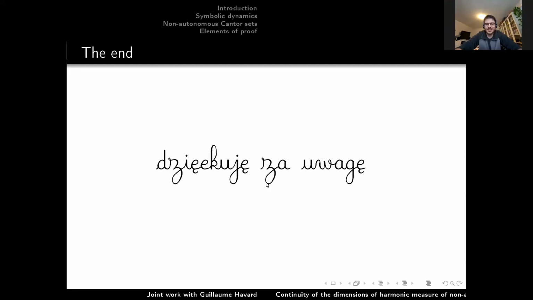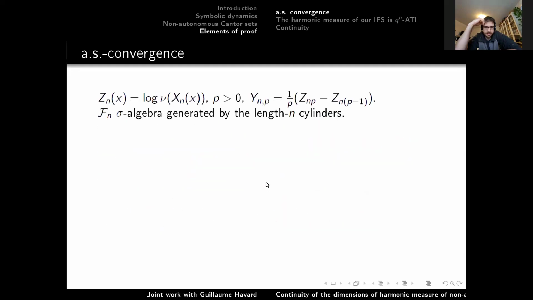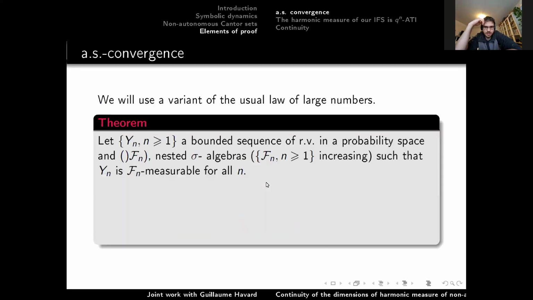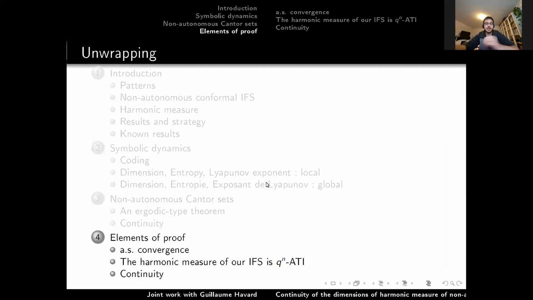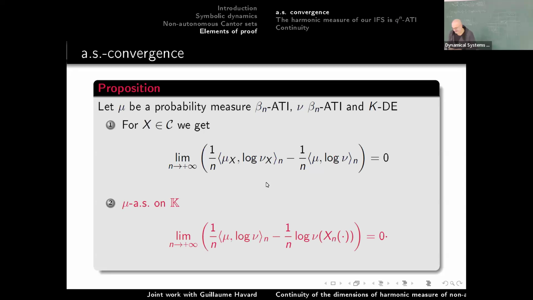So if you could go back to this key proposition on the almost sure convergence of the logarithm of one measure with respect to another one. Yes, here, point 2. So maybe first I have a small comment.